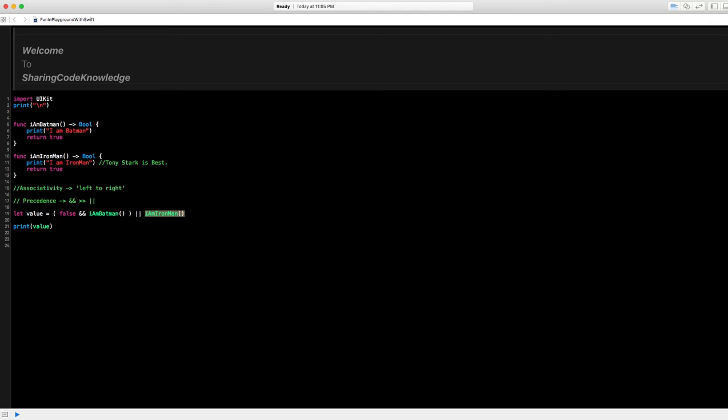If the first value is true, then no need of looking at or executing the rest of the code, as it doesn't matter what the value in there is, because the overall result will be true. But if the first value is false, then your OR operator will definitely execute the other side of code, because then the result will depend on the rest of the code. And everything will be evaluated under the rule of associativity and precedence. Make this thing clear in your mind.